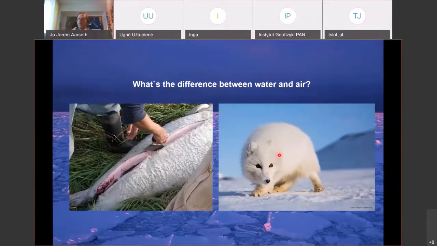So if you trap a lot of air in your fur here, and then you heat this air up with your body heat, let's say that the temperature of the air in the fur is +20, then the surrounding temperature of the polar fox is not -40, but it's +20 degrees Celsius, because the surrounding temperature of this polar fox is the air temperature in the fur just outside the skin.